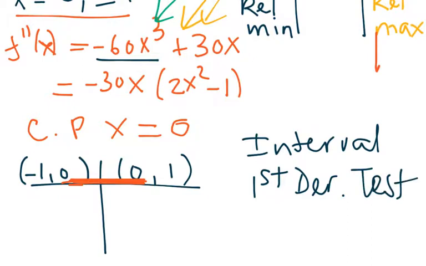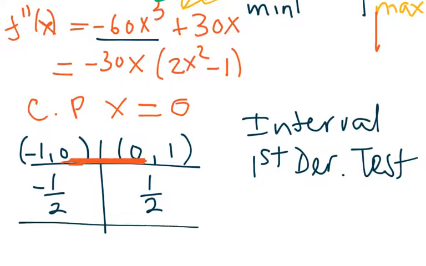Alright, so for the interval between -1 and 0, I would use -1/2. Between 0 and 1, I would use 1/2. So this is the time you use the first derivative. You substitute -1/2 into the first derivative, which will give you a positive value. Sorry, I did it wrong with 1/2.